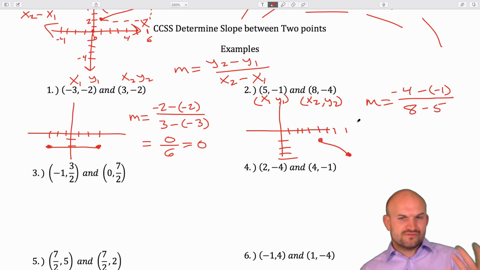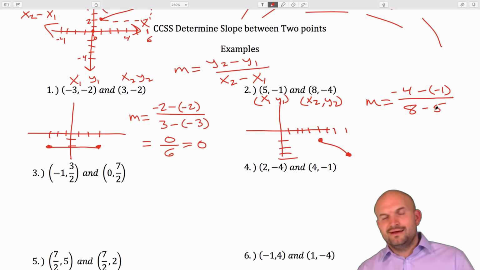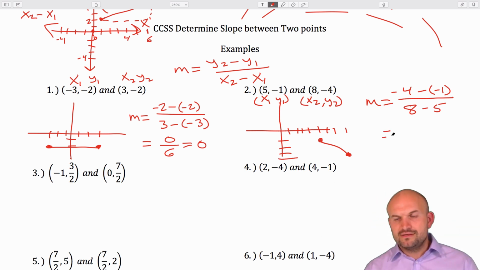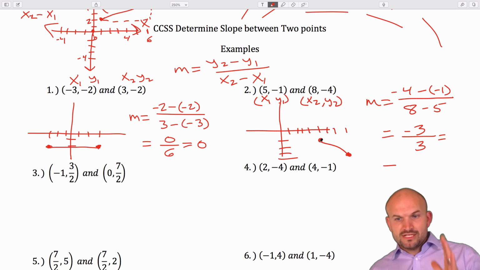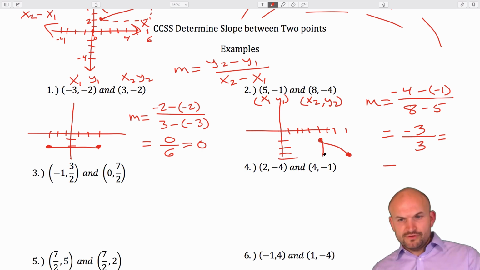Now, you could use parentheses for the 5, but again, since it's positive, it doesn't really matter. So therefore, I have a -4 minus a -1, which is going to give me a -3, over 8 minus 5, which is +3, which gives me a slope that can be rewritten as an integer. So this is your change in your height over your change in your run, which makes sense, right? To go from here to here, if you look at this as a triangle, I went down 3, and over 3.